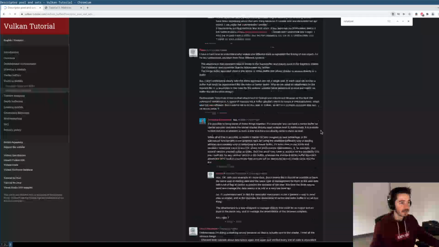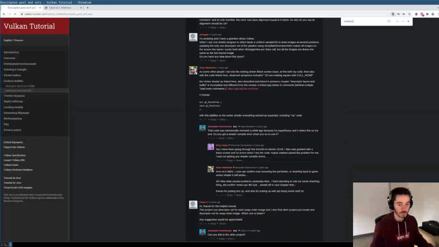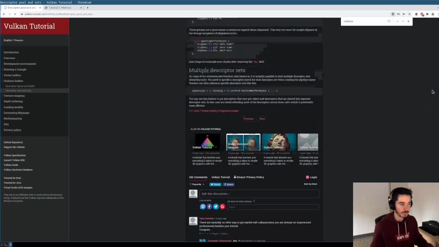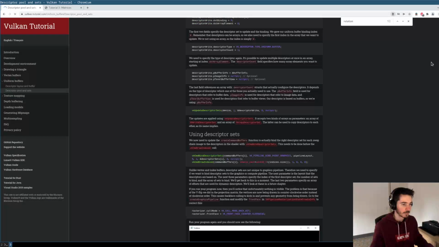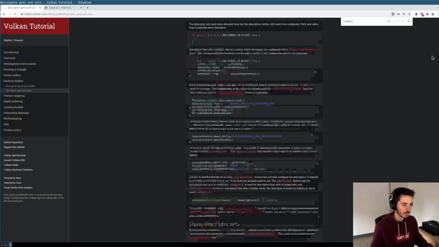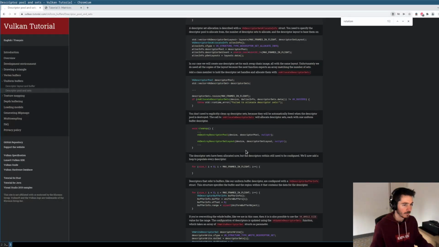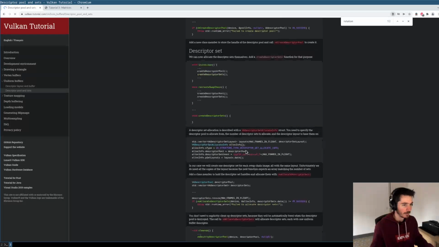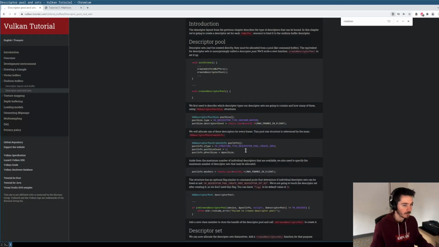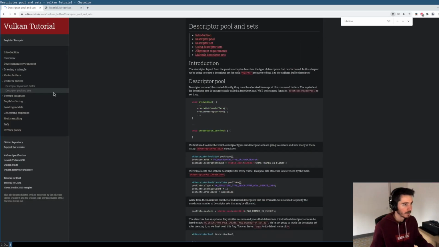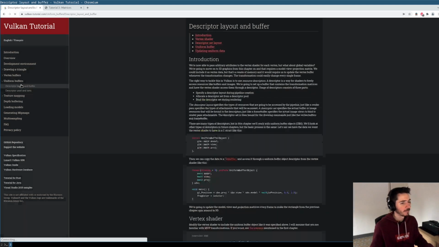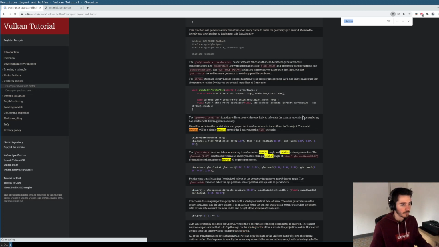Where do we set the rotation? Trying to find this part of the code. Maybe it's on the previous chapter. Yeah, it's in here.